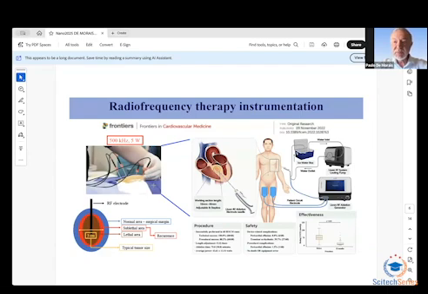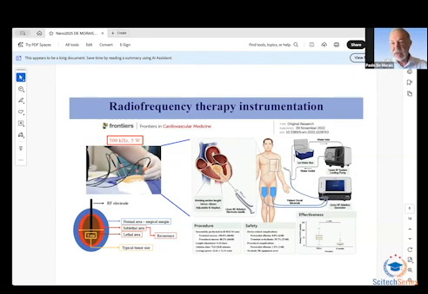What is the instrumentation of this therapy? On the right-hand side, you can see the system, the equipment typically used, which is the radiofrequency generator.